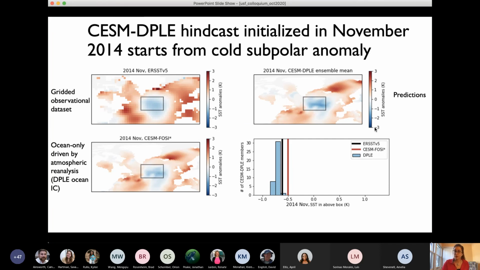And then this is month 1 of what the predictions looked like. You can see that all of them have a cold blob in November 2014. We started from a cold state. And then the spread about the observations, which are indicated by the black line, and this truth stand-in, the forced ocean sea ice simulation in red, are pretty tight, and they're all cold. We started out with a good initialization.